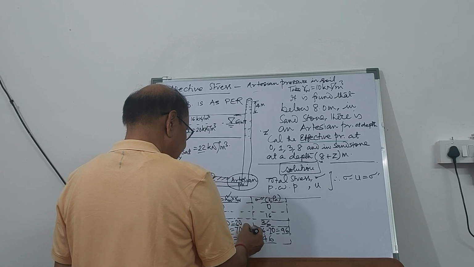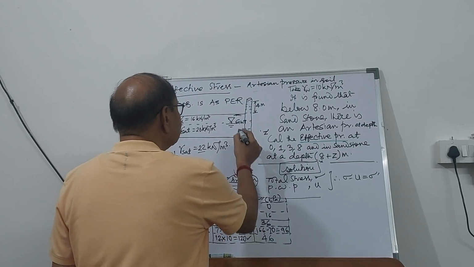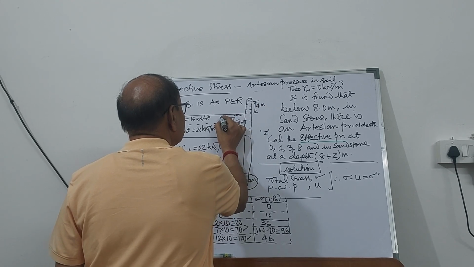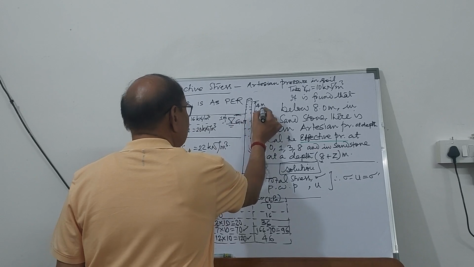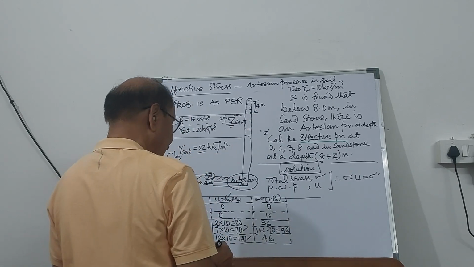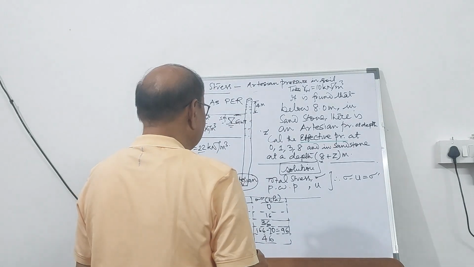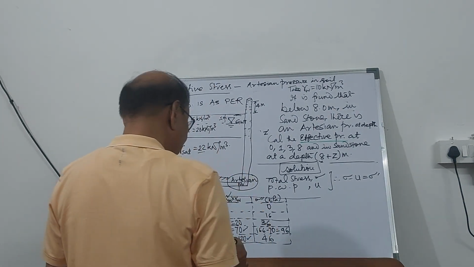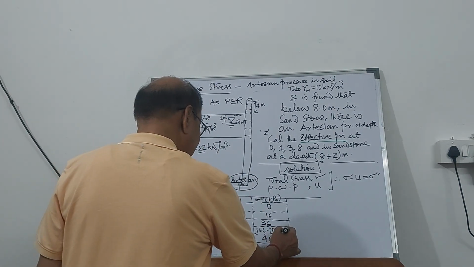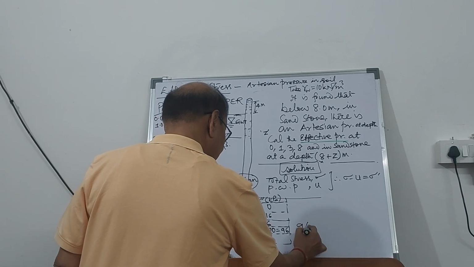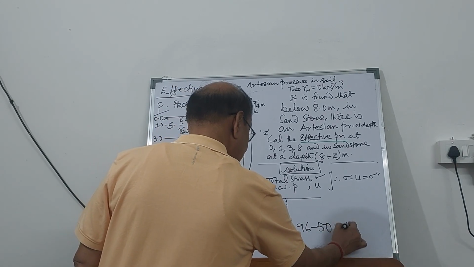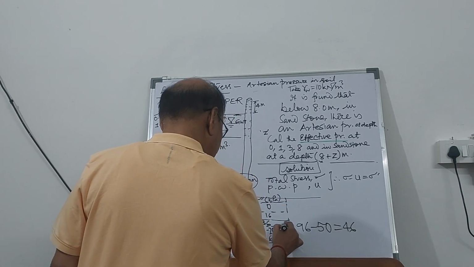From 70, the pore water pressure is going to be 1 meter plus 4 meter, that is 5 meter, 5 into 10, that is 50. So 96 minus 50 equal to 46.